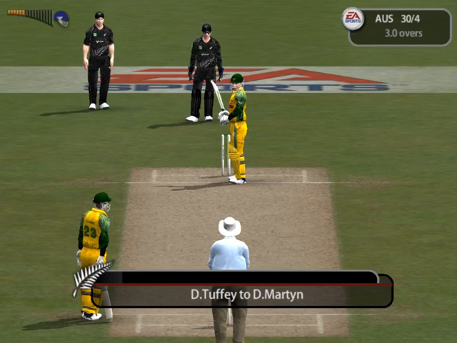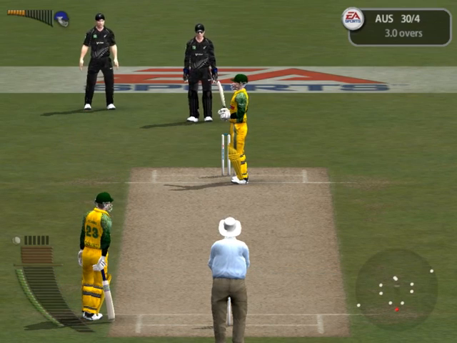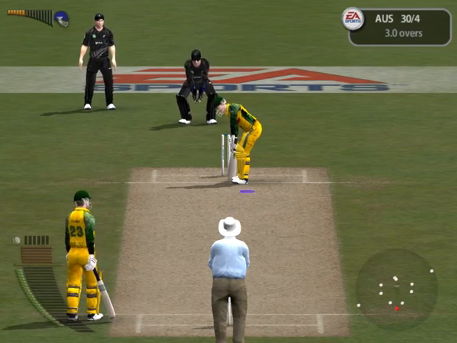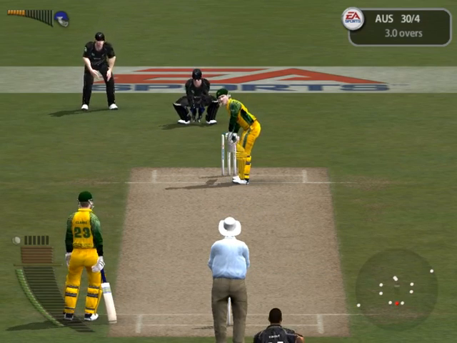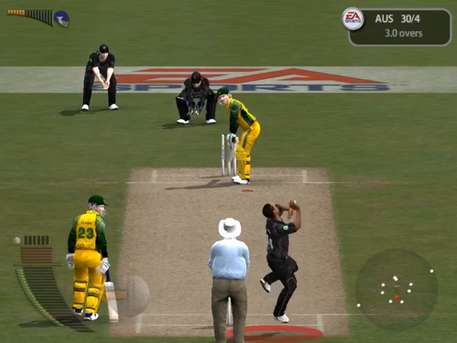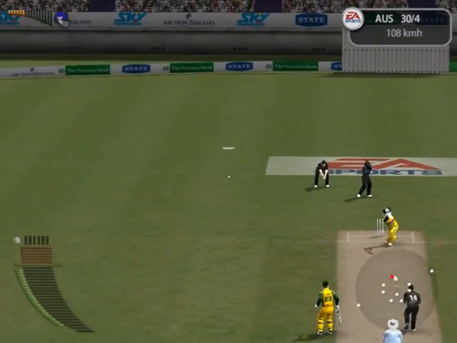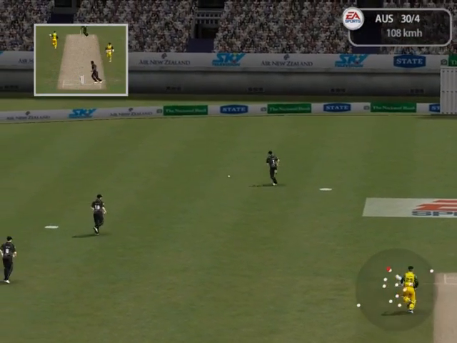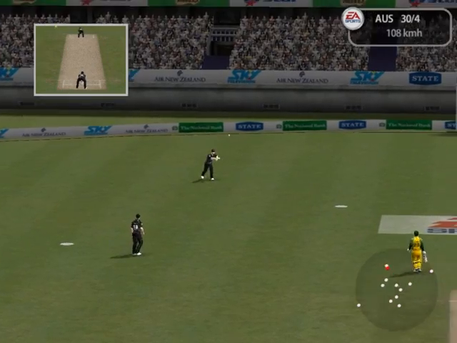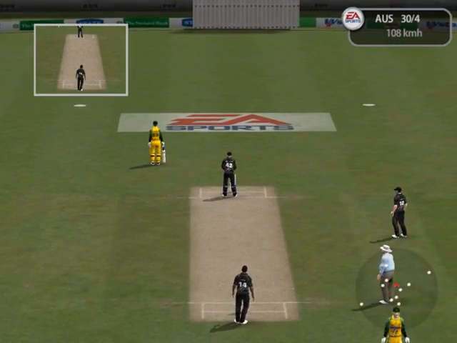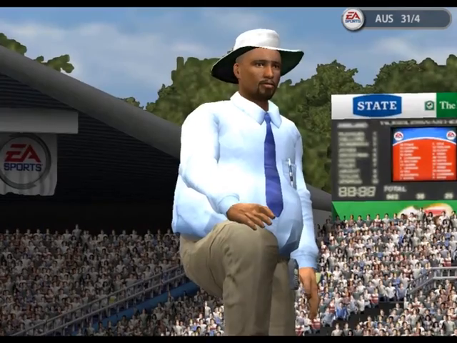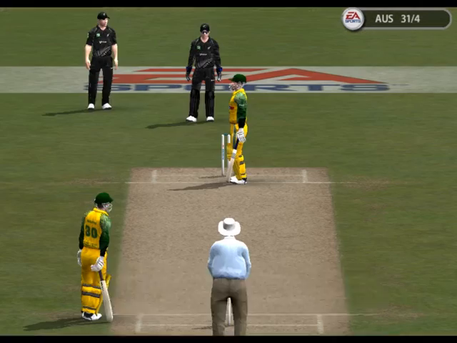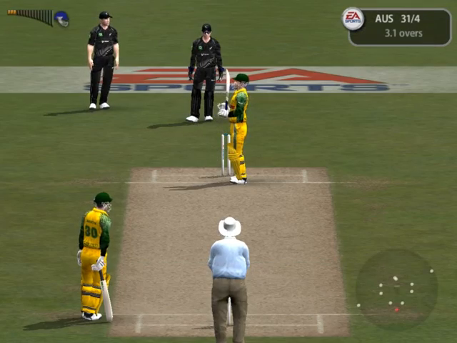Tuffy is coming around the wicket. Fleming is after it. That came off the pads. Umpires signalling out as leg byes. Tuffy to Clark.